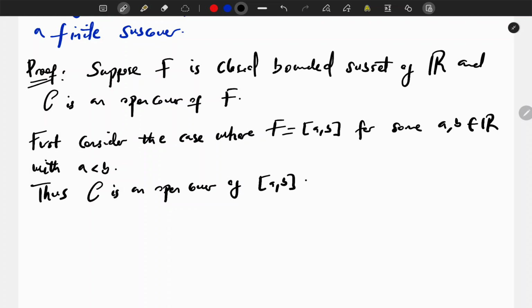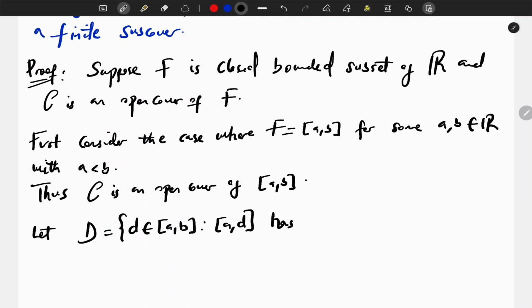Alright, so suppose F is a closed bounded subset of R and C is an open cover of F. If F equals this, then C is an open cover of [a, b]. So we want to see a way whereby we can construct a finite subcover and extend it to the entire set.